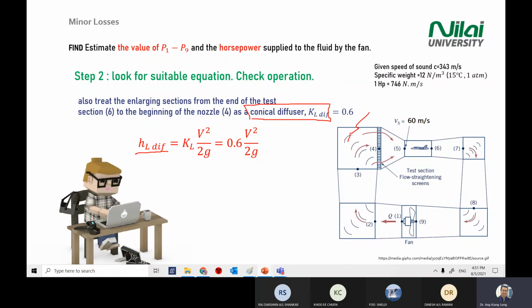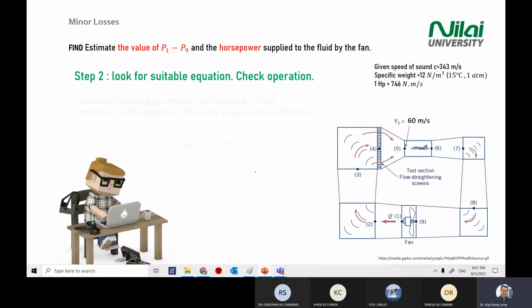Minor head loss is calculated if you have a component. For example, this one: consider 1 component, 2 component, 3 component, 4 component. Then you have a diffuser at section 6, maybe here. So here also you have another KL value and so on.